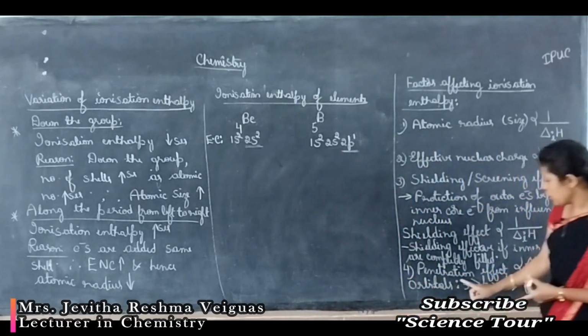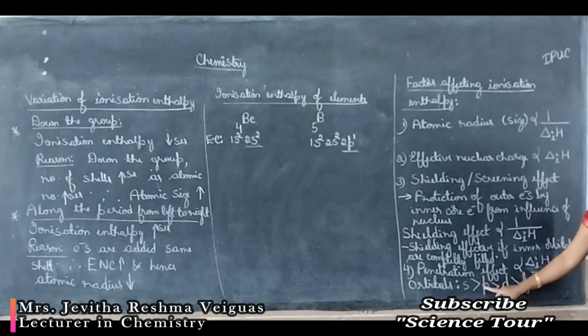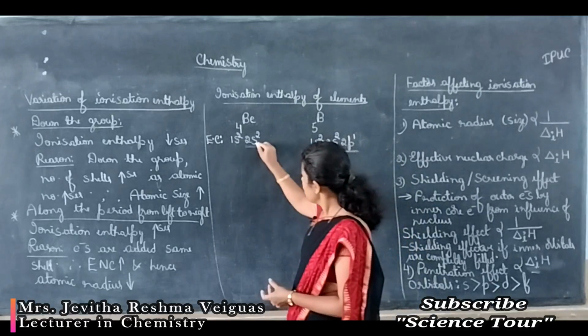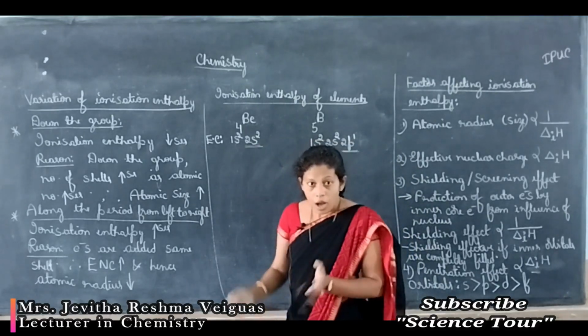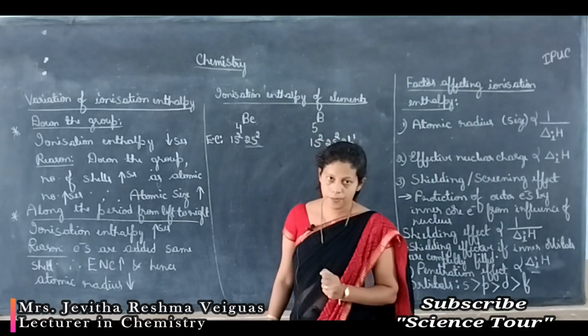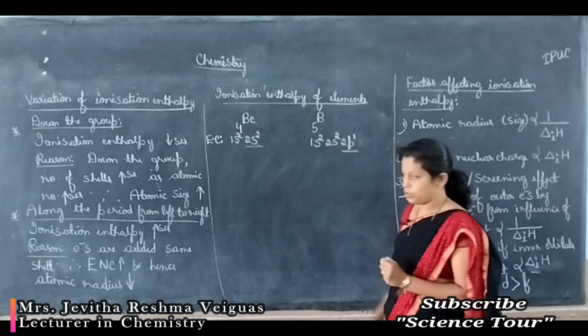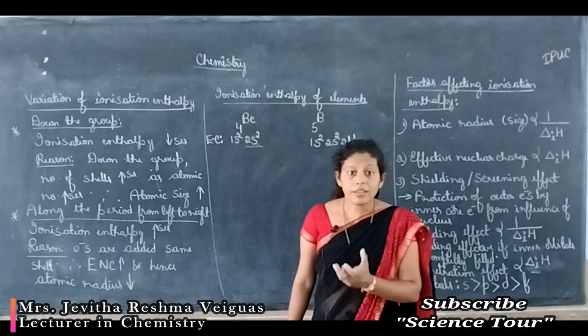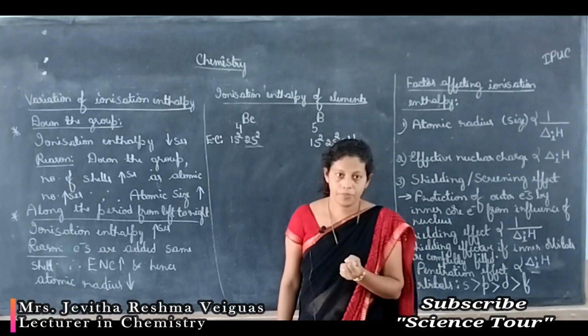We know the penetration effect or closeness. S orbital is more close to the nucleus than p orbital. So s electrons are more close to the nucleus than p electrons. So removal of s electron needs more energy.